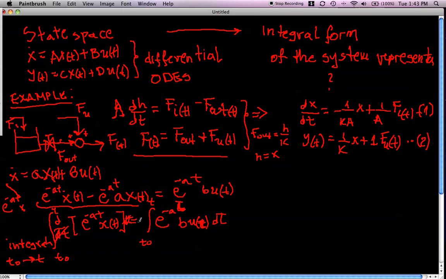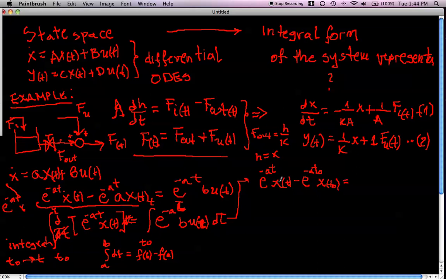Think about it like that. Therefore, you have integration from a to b of function df. But what is that? That's f evaluated at b minus f evaluated at a. In other words, this expression will become as follows: e to the minus a of t x of t minus e to the minus a t0 x at t0.